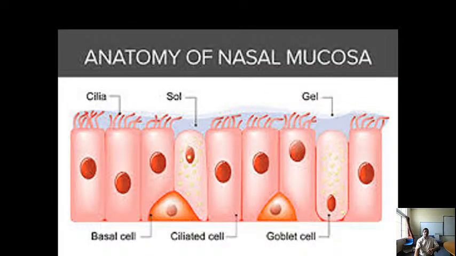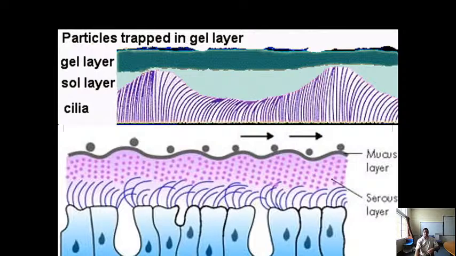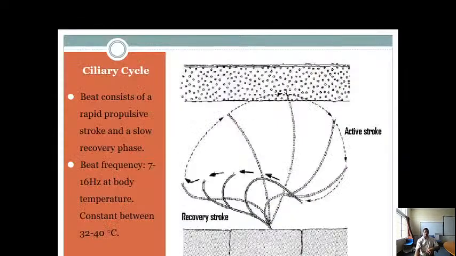Now, cilia, as you know, are the ones which have 2 kinds of movements. One is a fast component, and the other one is the slow recovery phase. This is how it is described.